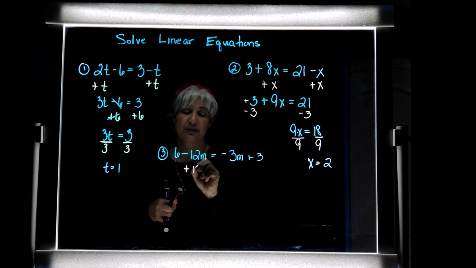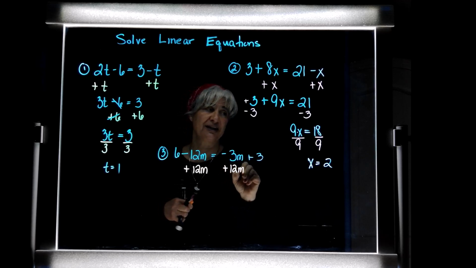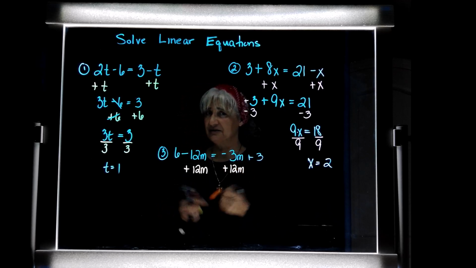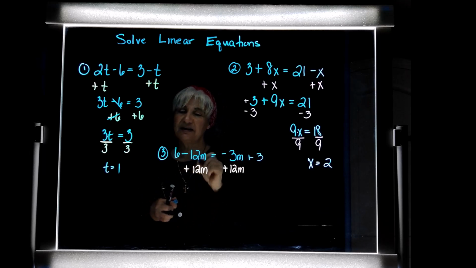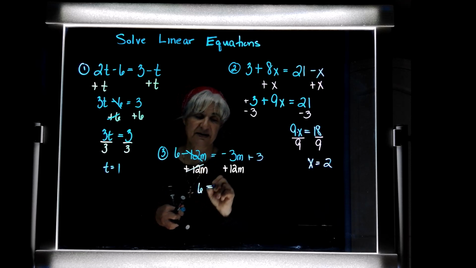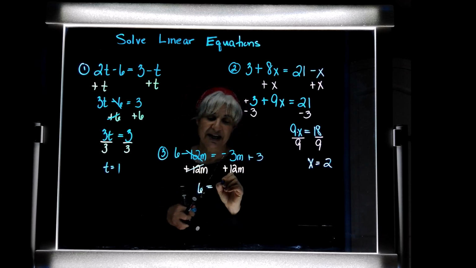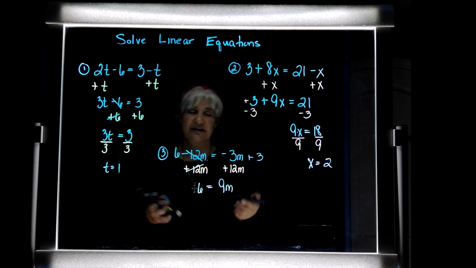So if I add 12m to both sides, and by the way, we are going to get the same answer, so no worries there. On the left side, this minus 12m and this positive 12m cancel, so I have 6 equals, that's right, now it's a positive 9m. I don't have to deal with an extra negative.